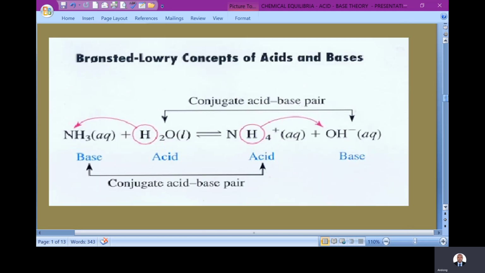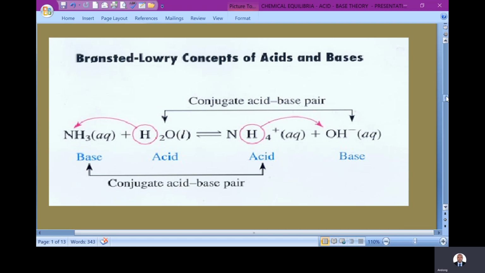Given a conjugate base and given a conjugate acid, to have the conjugate acid, if you are given a base, you need to add a hydrogen and a plus sign. If you are given an acid to have the conjugate base, what you need to do is minus a hydrogen and add a negative sign there, and you have their conjugates.